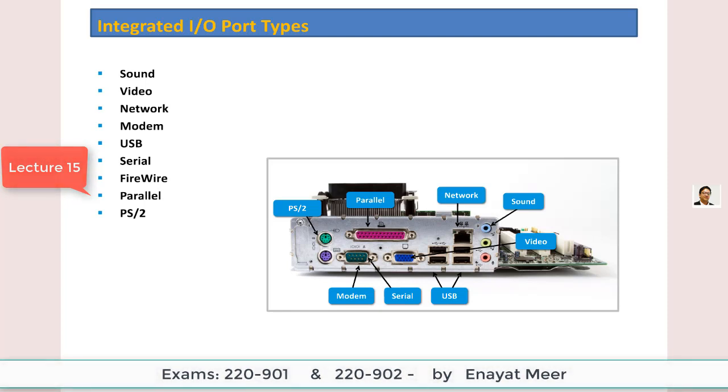On the right you will see a network card port, RJ45. Then you see a sound card, you see a video card. Video card is the only one, if it is built in from the back of the PC, you will see 3 rows and 15 pins.